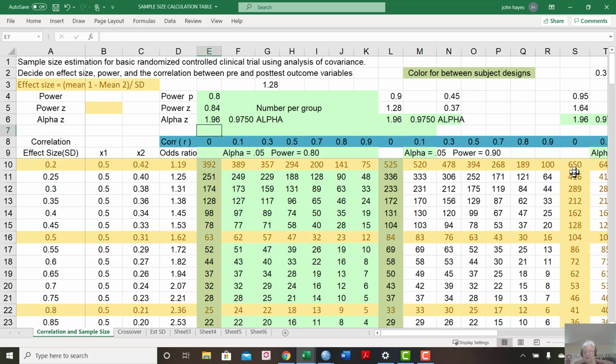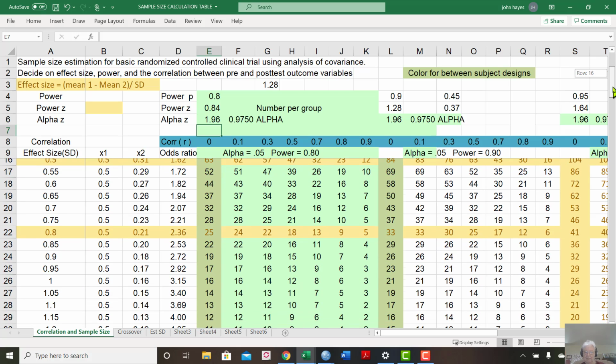And so what you would do is say, well, how many subjects are reasonable for me to gather? I might say I could do 20 per group. Okay, well, we look up and down here. We don't really see anything. The numbers just get bigger as we go out.